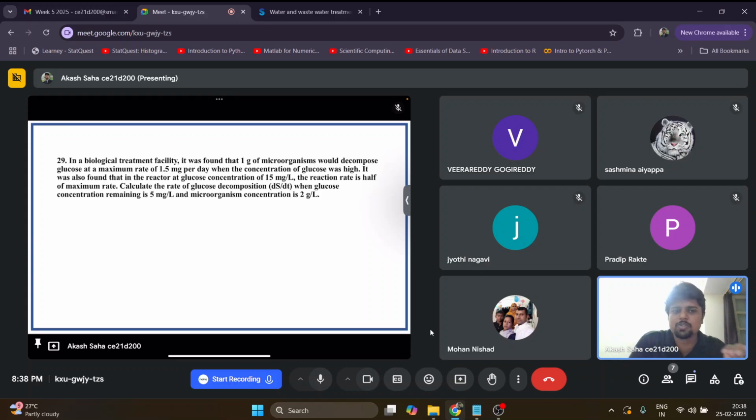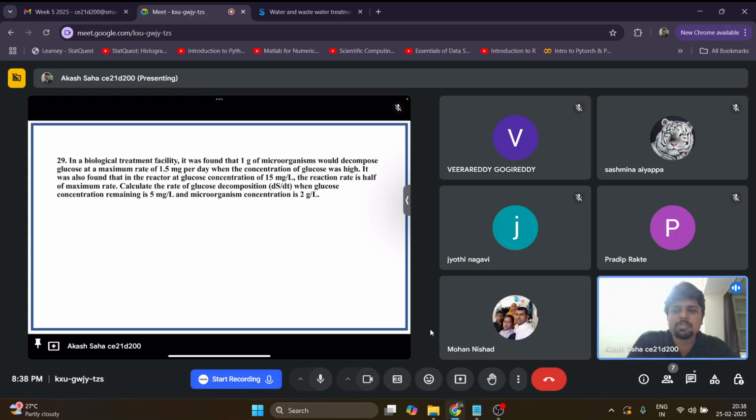Please go through it slowly and try to understand, see what parameters are given and what is asked. It says that in a biological treatment facility, it was found that 1 gram of microorganisms would decompose glucose at a maximum rate of 1.5 milligram per day when the concentration of glucose is high.